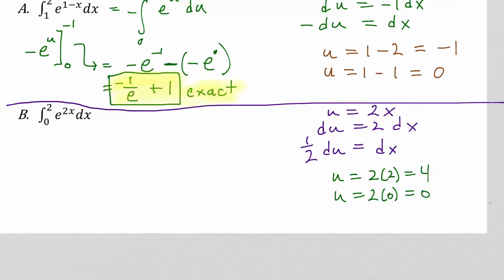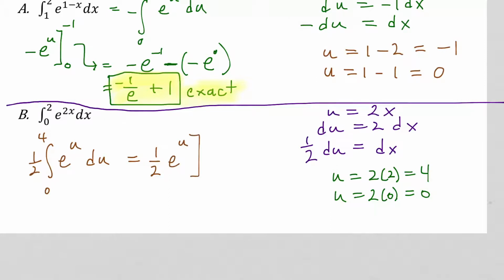So putting it all together, I've got the integral between 0 and 4 of e to the u times 1/2 du. All right. So now finding the antiderivative, I've got e to the u.